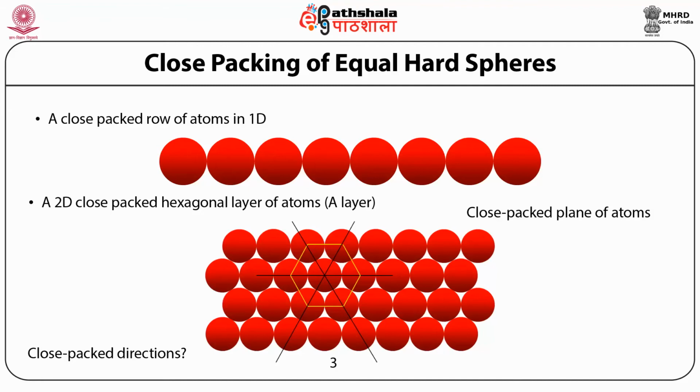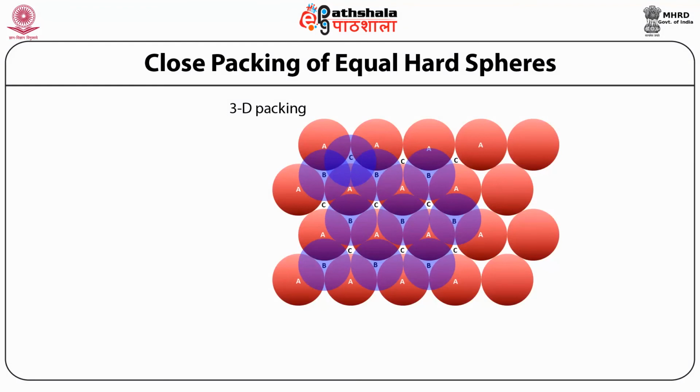You can see from the animation that initially there is a single layer of atoms which are arranged together having some voids. The alphabet A is written on each atom to signify that this is layer A or the first layer. Next are the voids which are present.